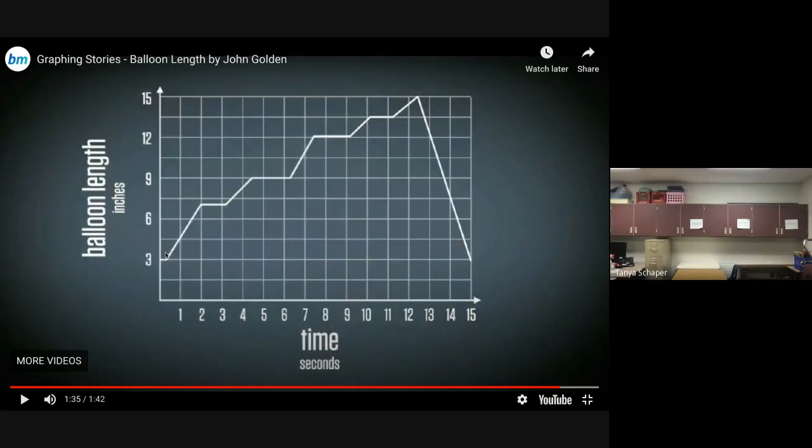Also, do you show some breaks, some horizontal lines in your graph? When he's inhaling, getting ready to blow some more air into the balloon, it is not increasing in size at that point. So these horizontal lines represent when he's taking a breath, or when he's not blowing into the balloon, or when the balloon isn't getting any bigger.